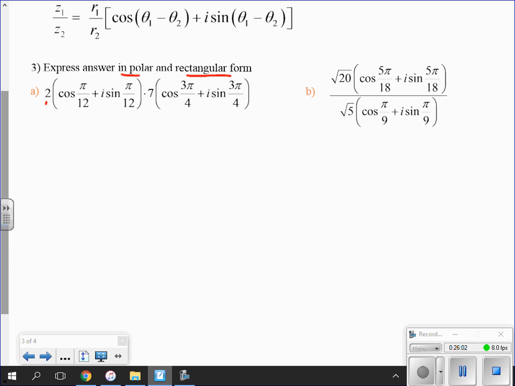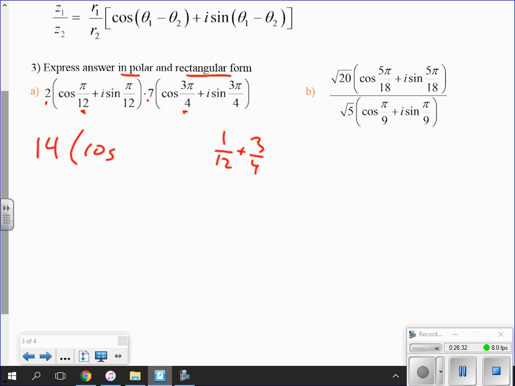So 2 times 7 gives me 14. Cosine, and now I need to add the angle. So I need to add pi over 12 and 3 pi over 4. So I'm going to do that over here. 1/12 plus 3/4. Okay.